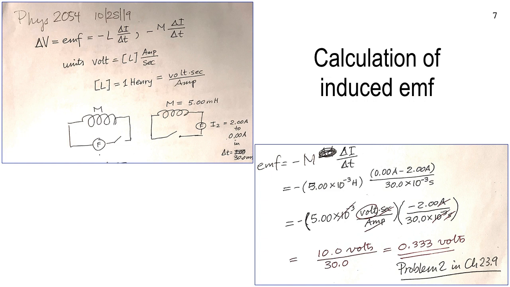And we'll eventually use this conversion up here in order to get volts and amps out of this. We're going to get volts in the end for the EMF. All right, now delta I over delta T is final minus initial. So this is 0.00 amps minus 2.00 amps. There's my delta I. And then my elapsed time is 30.0 milliseconds. So that's times 10 to the minus 3 seconds.